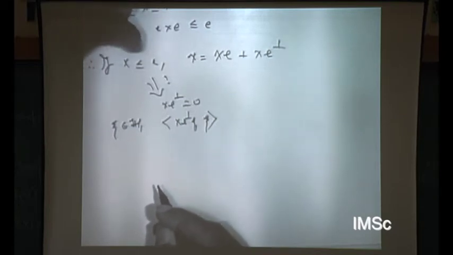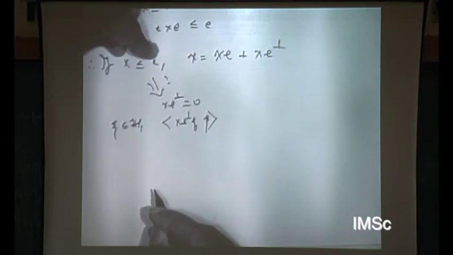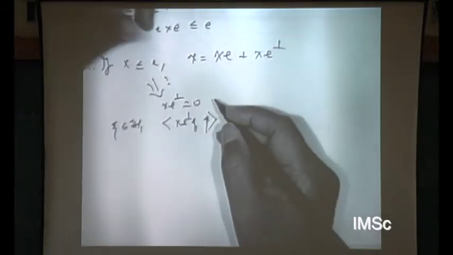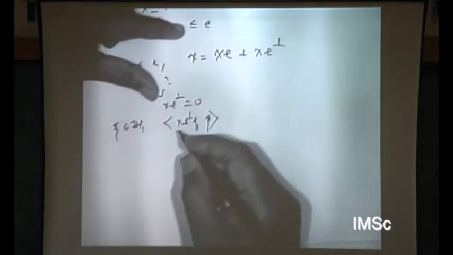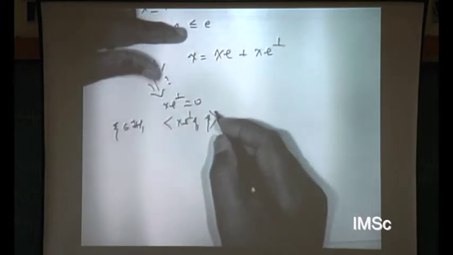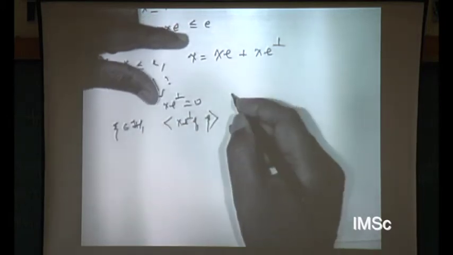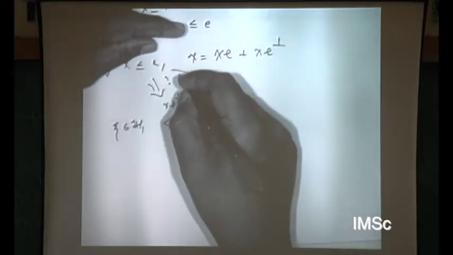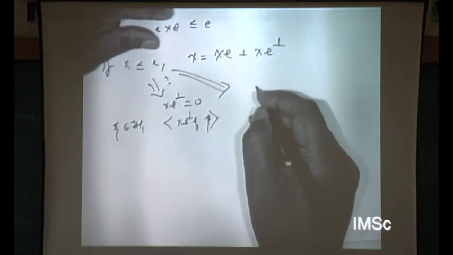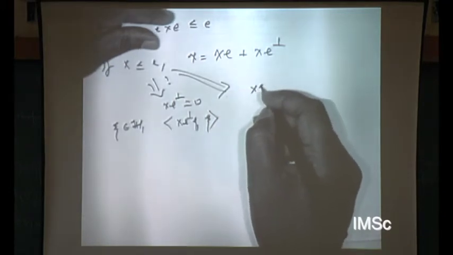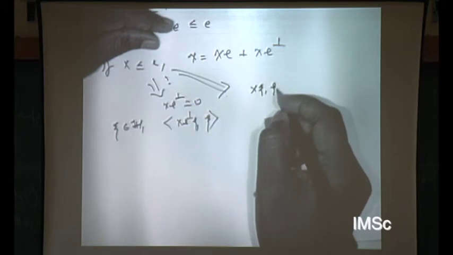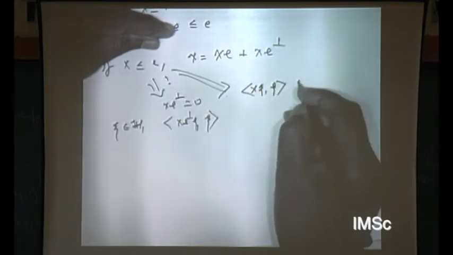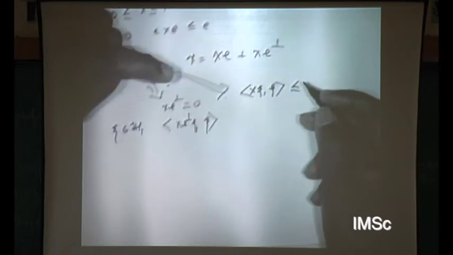Now, x less than or equal to E means what? Let me start again. So x less than or equal to E implies that the inner product of x xi with xi is less than or equal to that of E xi with xi.